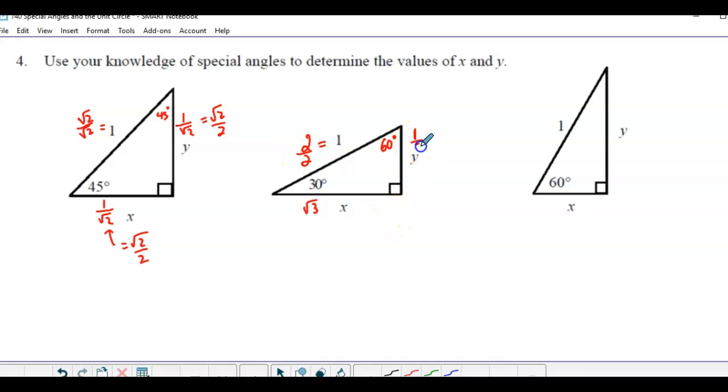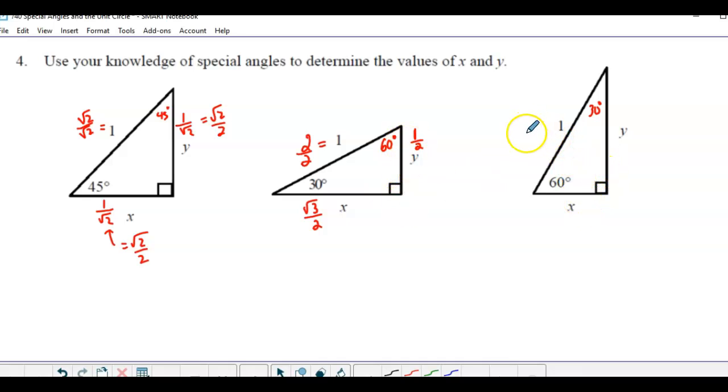That means you have to divide every side by 2 to make it proportional, right? Similar triangles. So now our sides are 1/2, the shortest side, root 3 over 2, the middle side, and the hypotenuse is 1. Similarly over here, this is the same triangle, just flipped on its side basically.